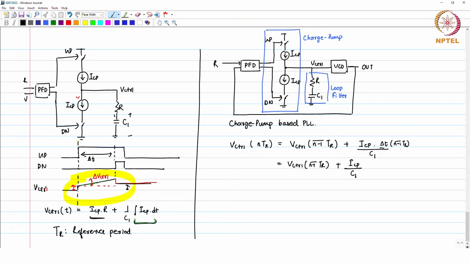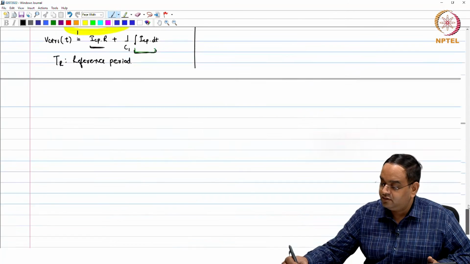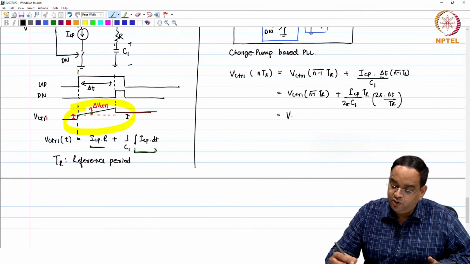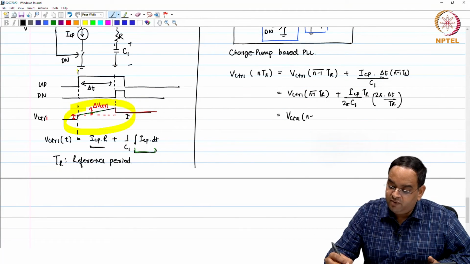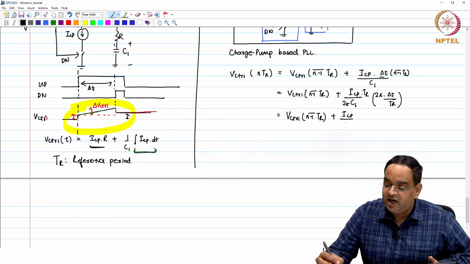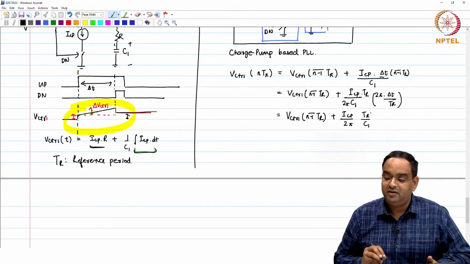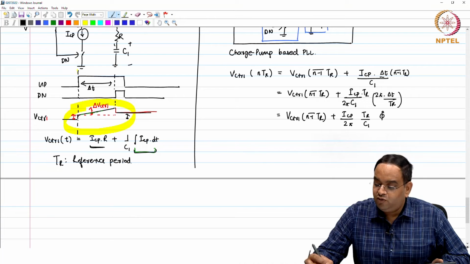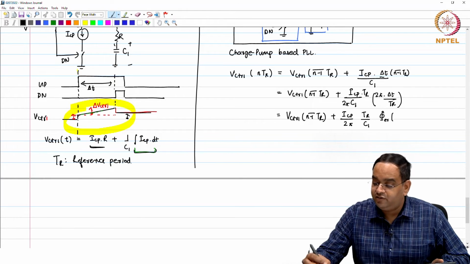I will multiply and divide by 2 pi. So, 2 pi delta t over the reference period times TR here. This is equal to V control of (n minus 1)TR plus ICP by 2 pi, TR by C1, into phase error of 2 pi delta t.